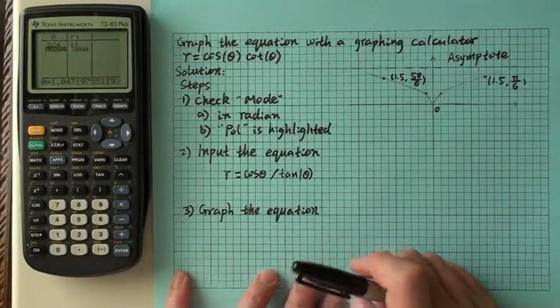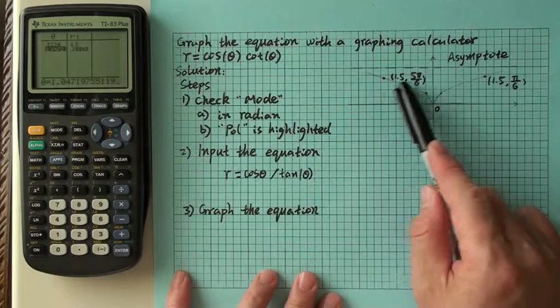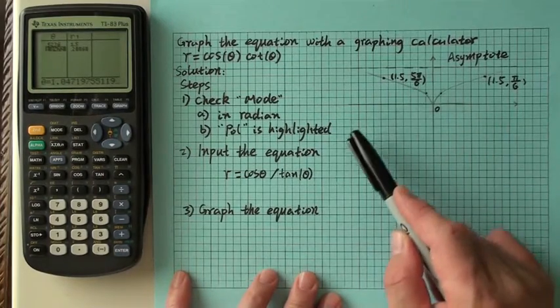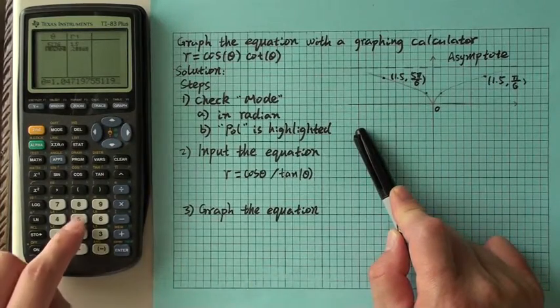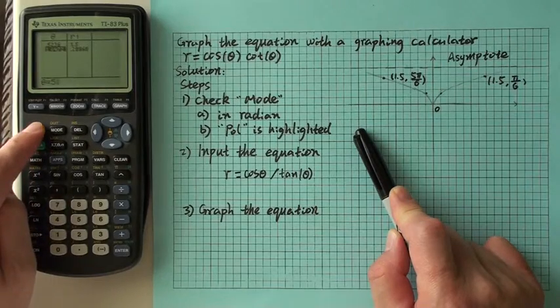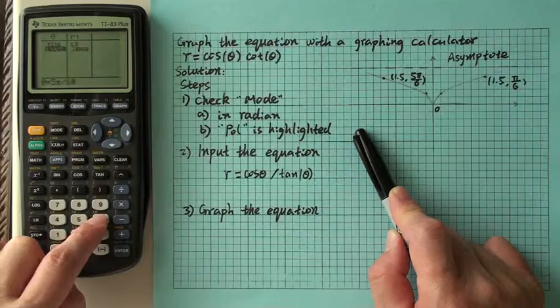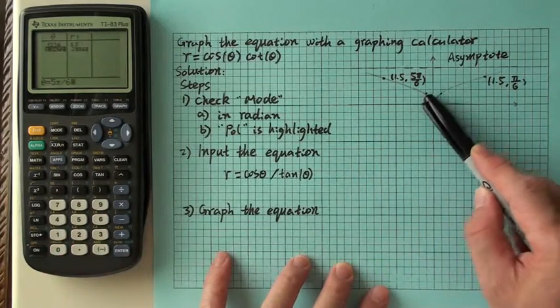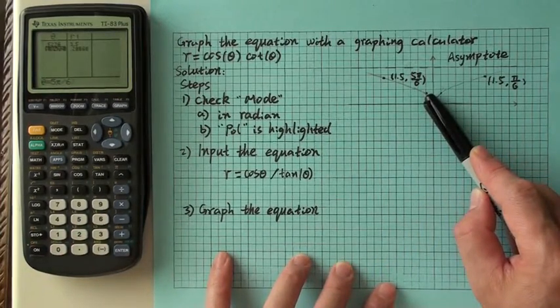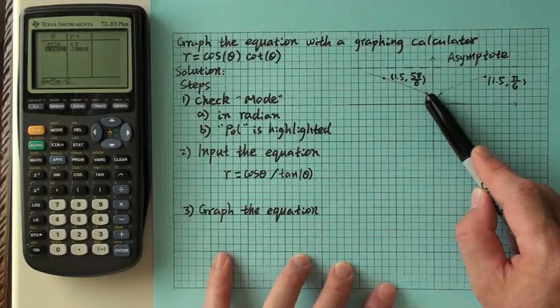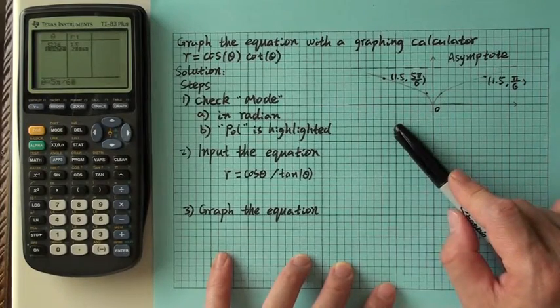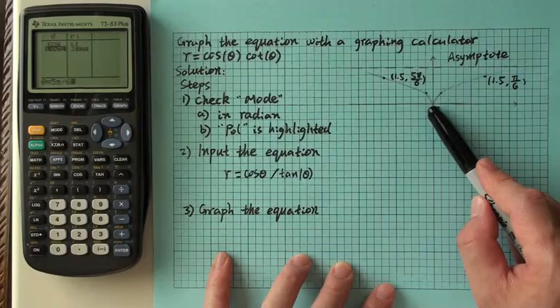Now you may do 5 pi over 6 also. So you do 5 second pi divided by 6. That's basically 150 degrees.